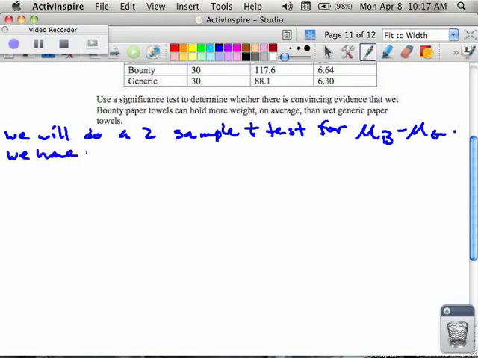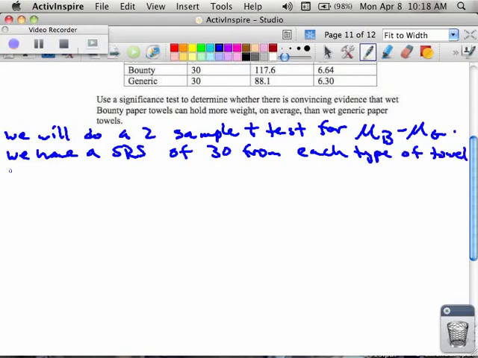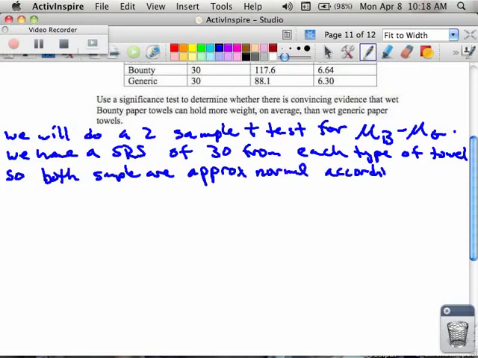We have an SRS of 30 from each type of towel. So both samples are approximately normal according to the CLT. So in that one sentence, I defined both the randomness and the fact that they're both normal.